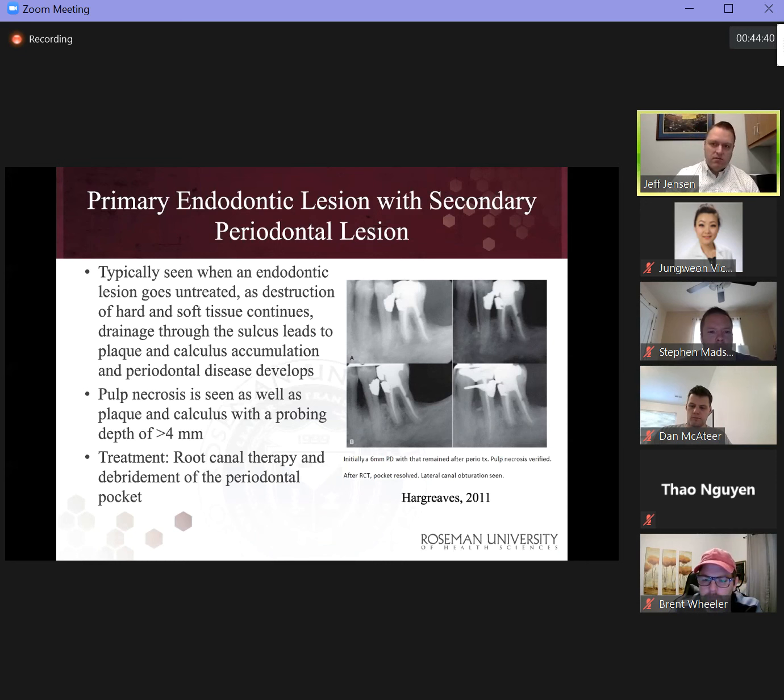This is something that started with endo, but then because it went a long time without treatment, you started to see buildup of tartar and calculus and bacteria, and that led to even more loss of attachment, and you have endo and perio happening. But it started with an endo lesion. So in this case, the treatment here is first we do our root canal, and then we debride the periodontal pocket. So your first treatment here is get the endo done, and then treat the tooth periodontally.